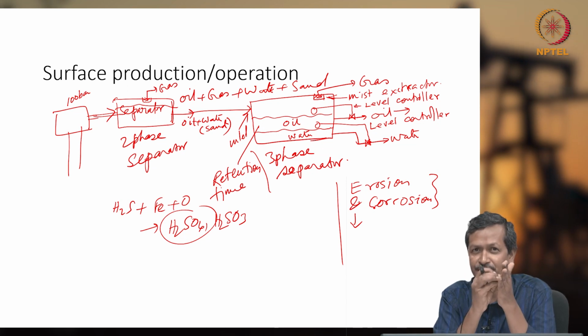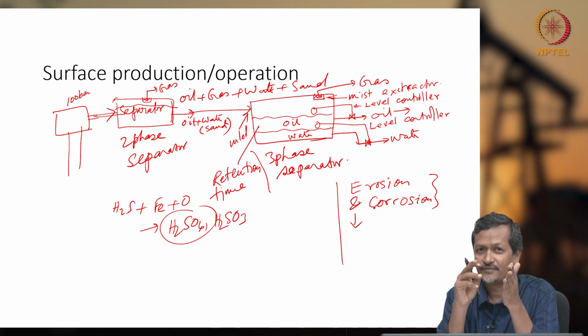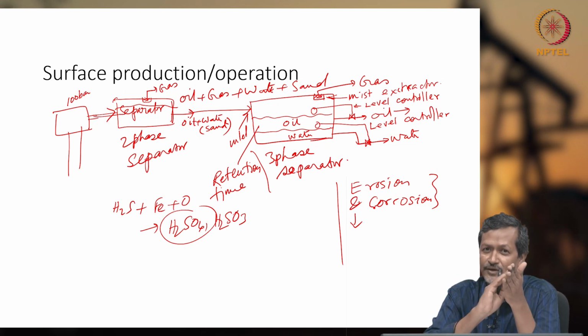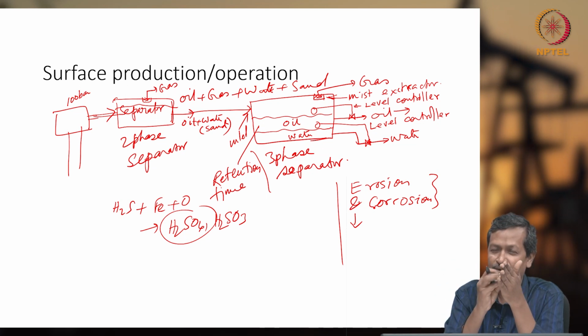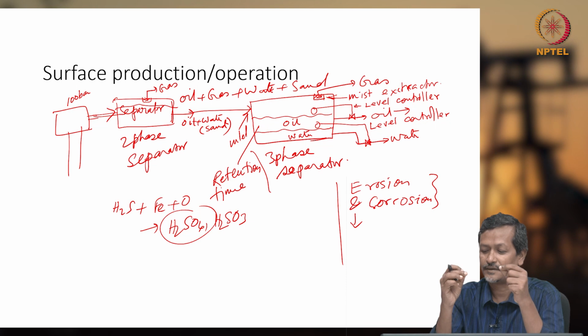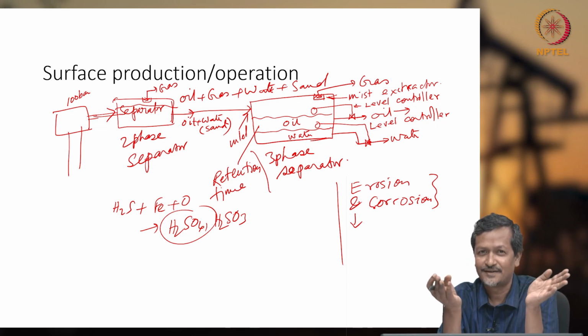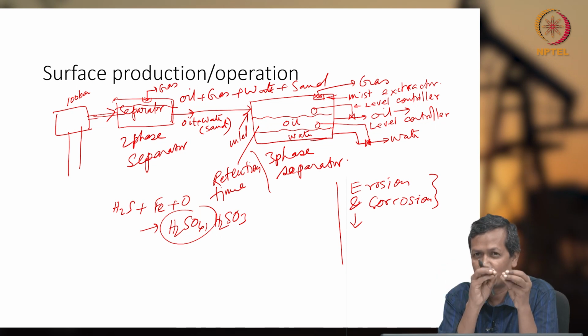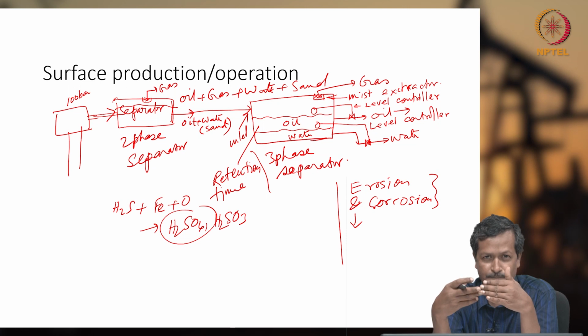So the fresh metal surface will react and create softer material, ferric or ferrous sulfate, then again that will get removed, and again your reaction will occur. So corrosion and erosion both work together. Your pipe will rupture quickly, and this salt also will be blocking some equipment somewhere. So both ways it will be disastrous.